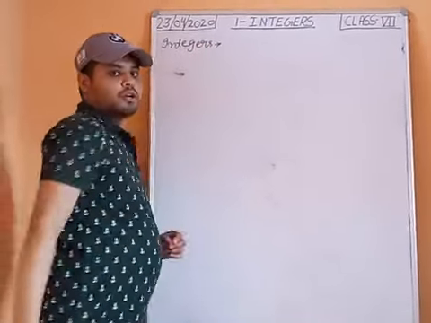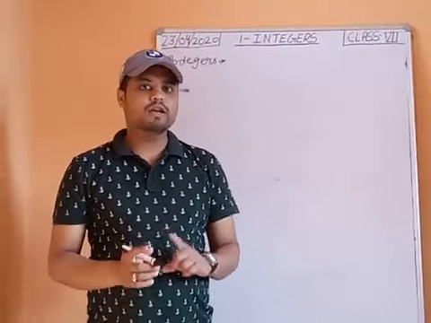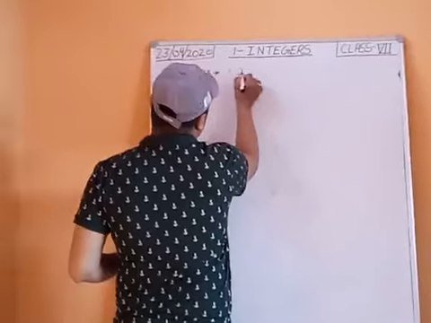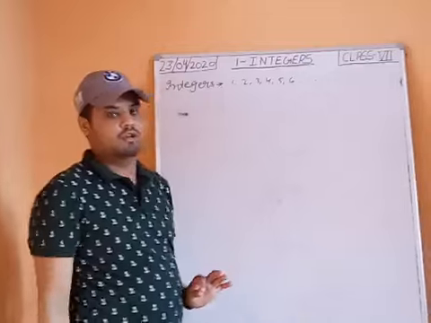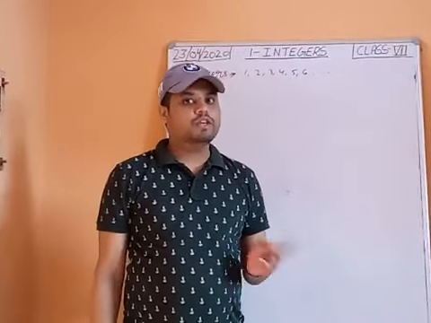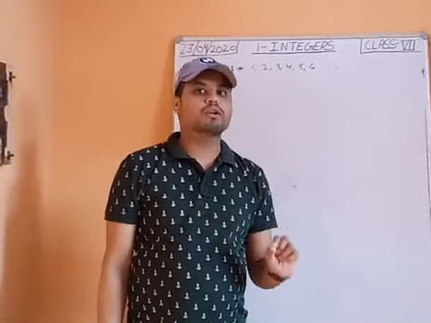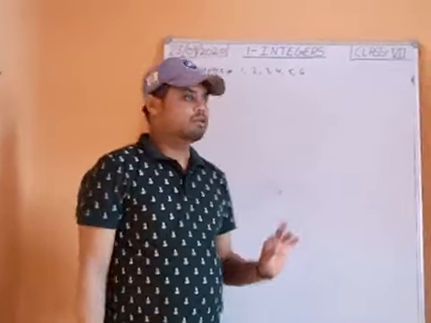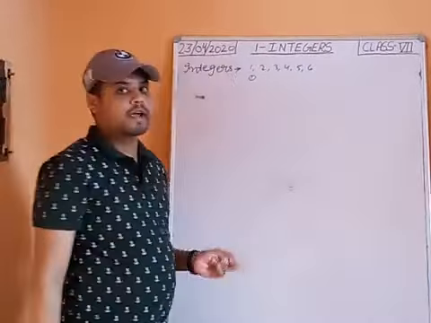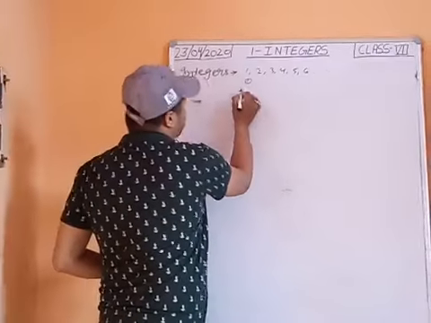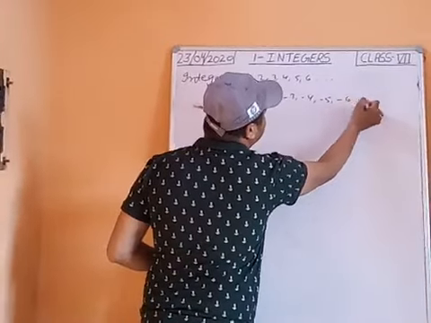Integers. The definition of integers: all the natural numbers that are 1, 2, 3, 4, 5, 6 and so on, infinite natural numbers as you know, and 0, all the natural numbers, 0 and negative of all the natural numbers are called integers. 1, 2, 3, 4, 5, 6 and so on, and 0 also, and negative of all natural numbers, that is -1, -2, -3, -4, -5, -6 and so on.